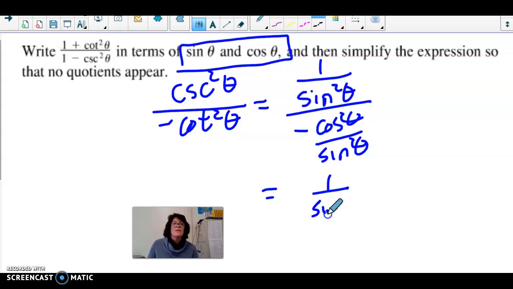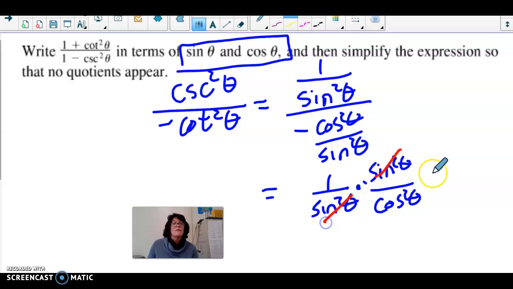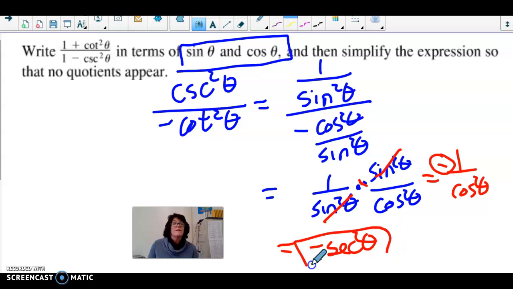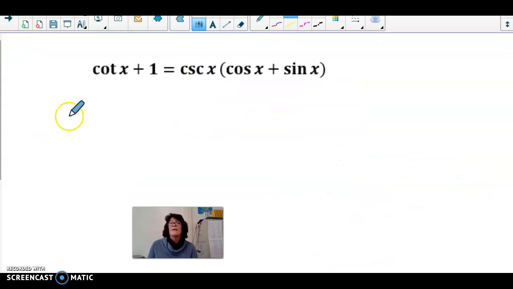So this 1 over sine squared, instead of dividing that by this fraction, I'm going to multiply it by the reciprocal. That was negative. Oh, yay. I love when things cancel out. We get 1 over cosine squared, negative. Okay, I keep forgetting my negative along the way. And 1 over cosine squared is secant squared. There. We've simplified it so that no quotients appear. All right.